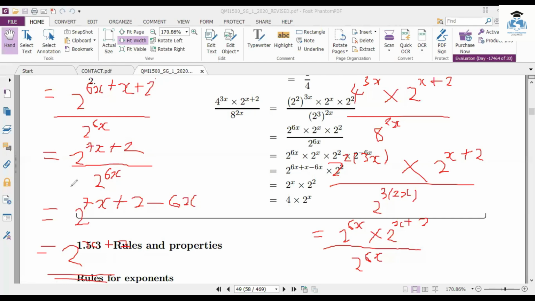What they did here is 2 to the power x plus 2, which is 2 to the power x times 2 to the power 2, which is 4 times 2 to the power x. So you just play around with the bases.